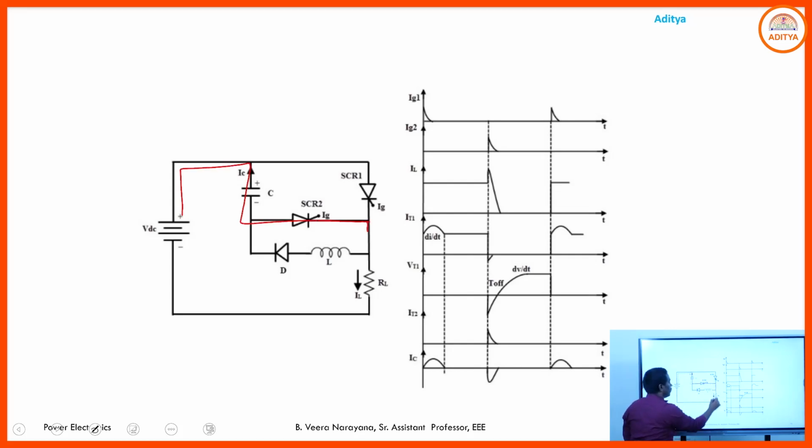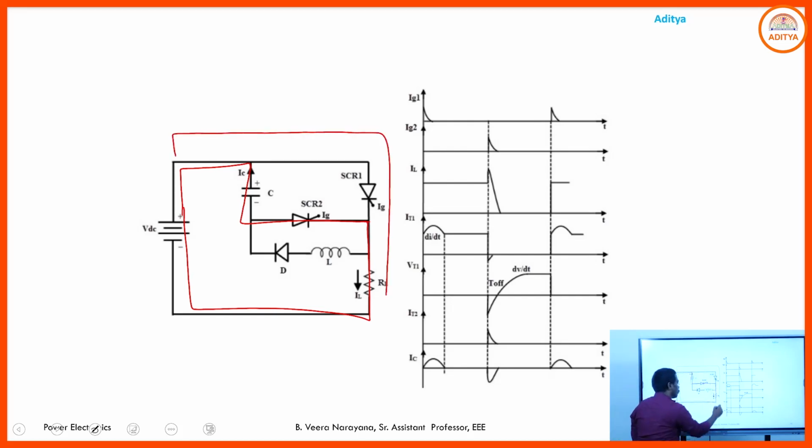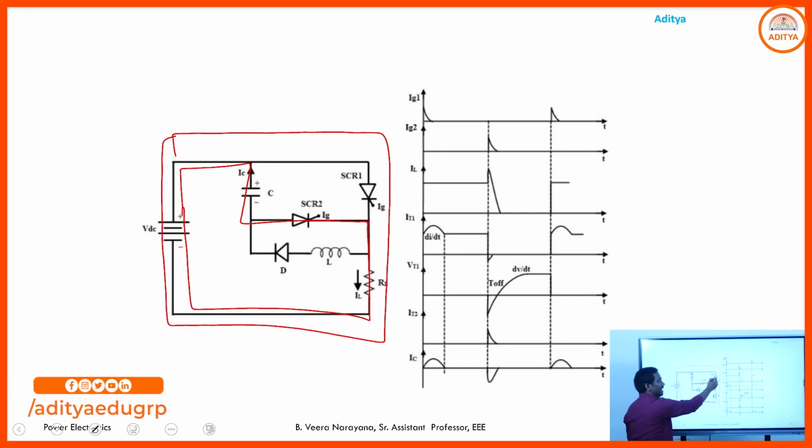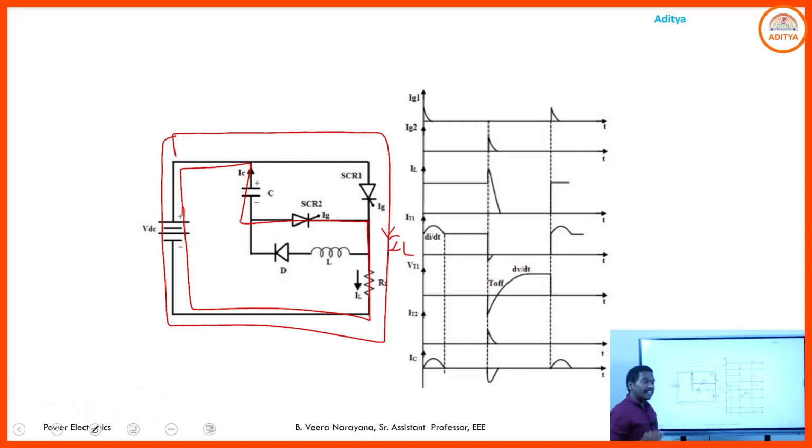So if you provide the gate pulse to the first thyristor, the load current flows through the circuit in this way, that is VDC plus, SCR1, load, VDC minus. And the capacitor's charging current IC flows through the path VDC plus, capacitor, SCR2 and the load resistance.